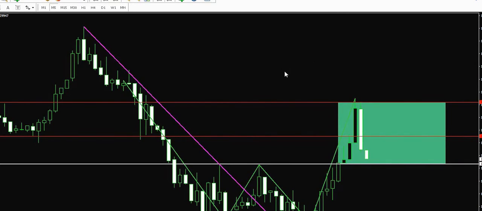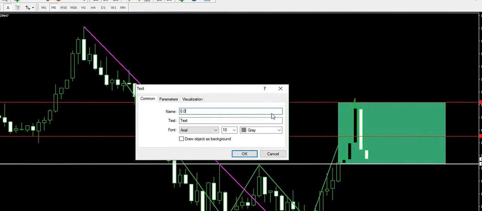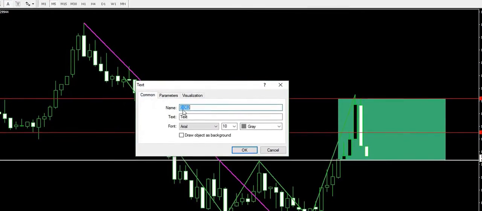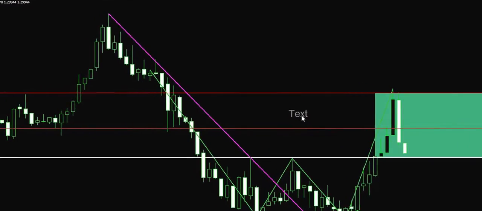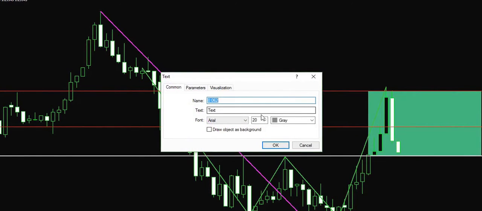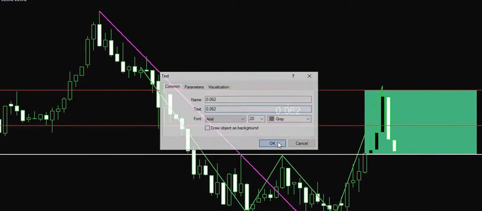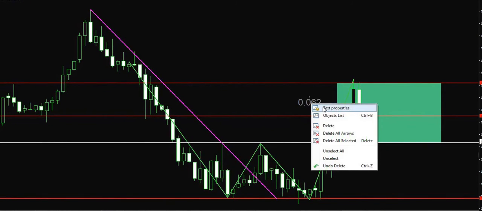So this is 0.062. Right over here, 0.062. Let me write it down. Here it is. 0.062. This is the percent value.